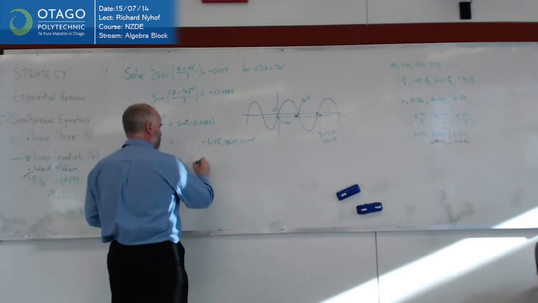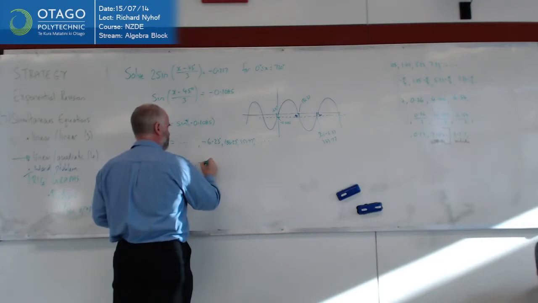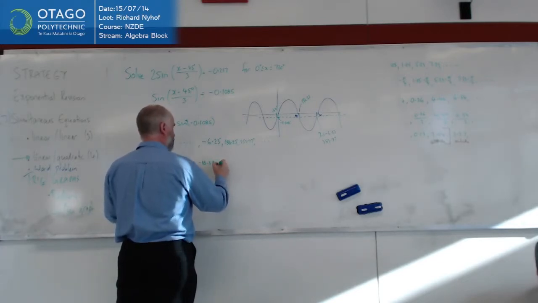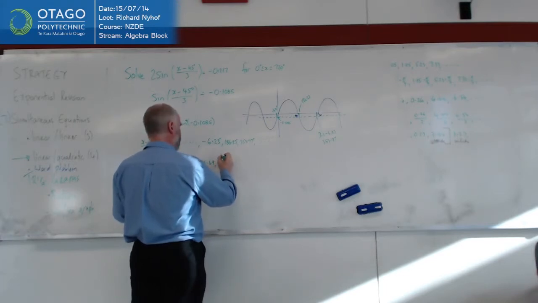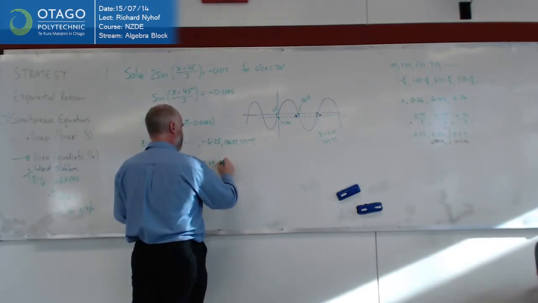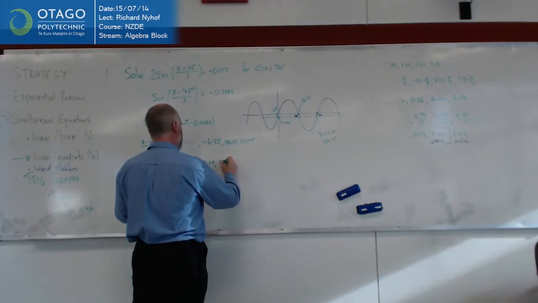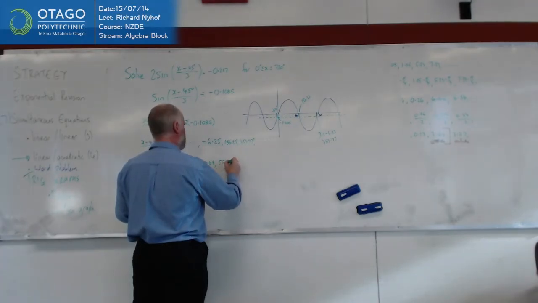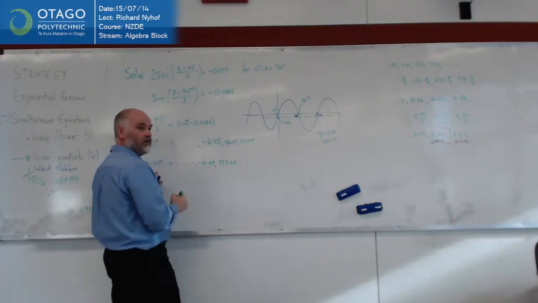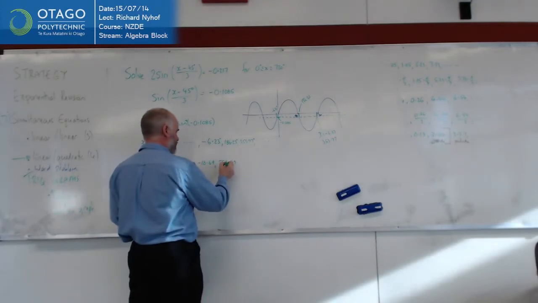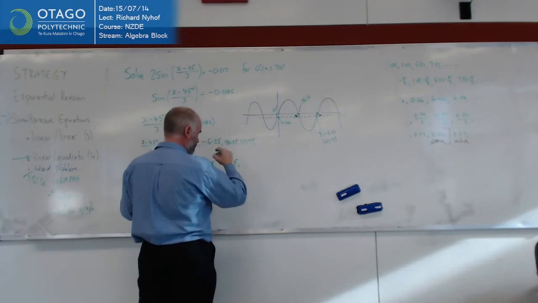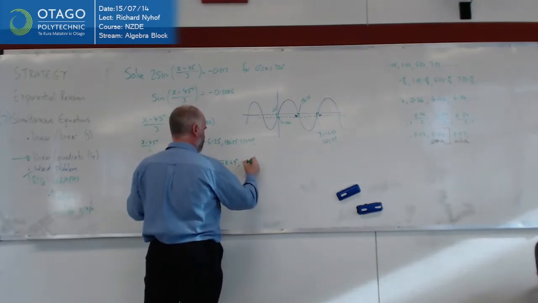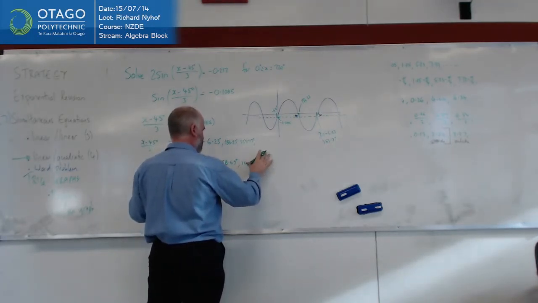So that one's going to be minus 18.69. This one's going to be some ridiculous number, 558.69?